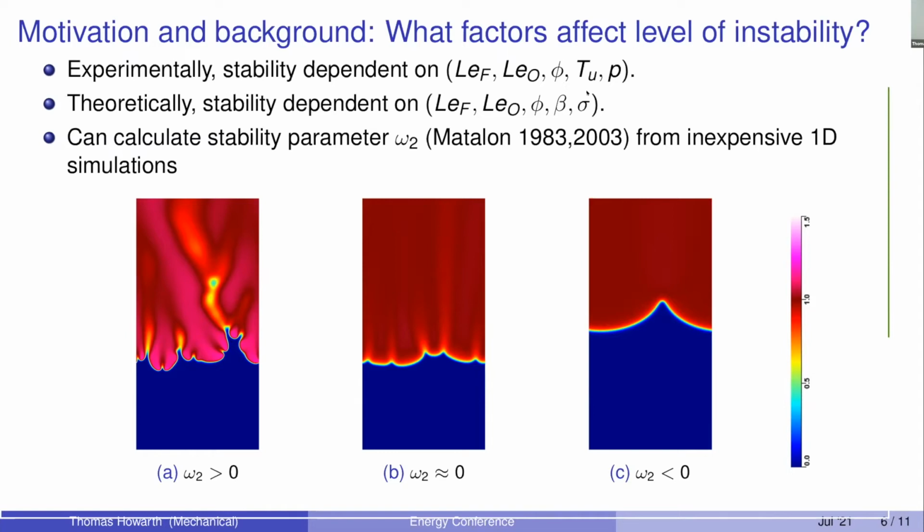We can get this stability parameter omega 2 from inexpensive one-dimensional simulations. The simulations here are two-dimensional, not 3D, but we can also perform 1D simulations. To compare computational cost, a one-dimensional simulation can be performed in under a minute in Python.